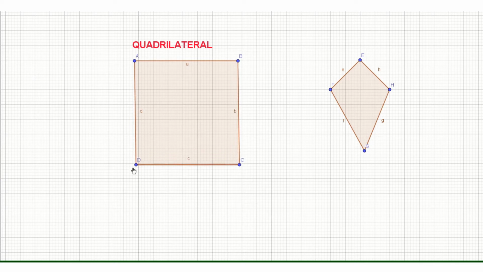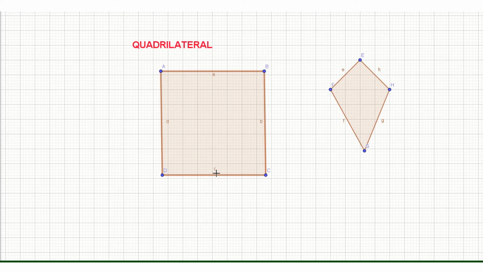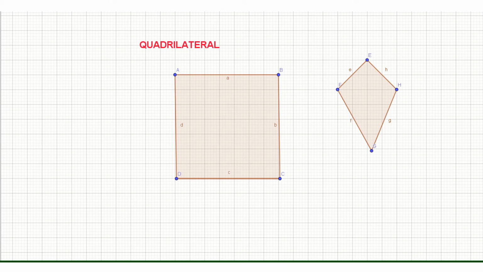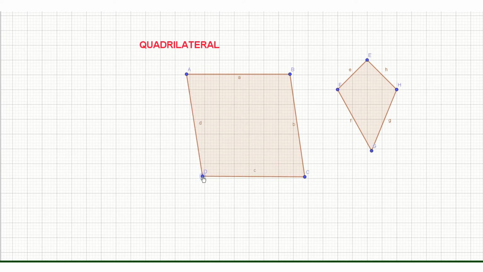This is a square, and then if I move the side along this way, I showed you what a rhombus was also. This becomes a rhombus. This is a kite. So these are the different types of quadrilateral.